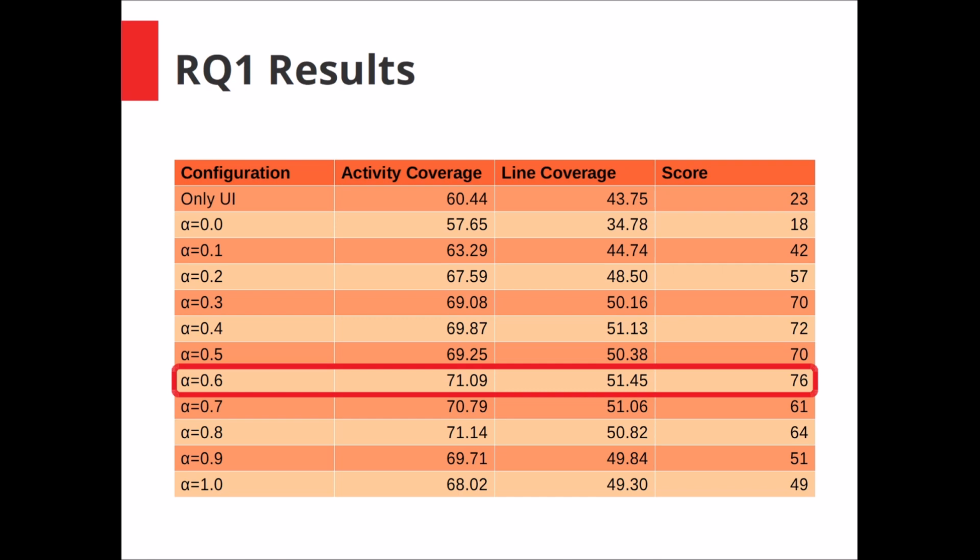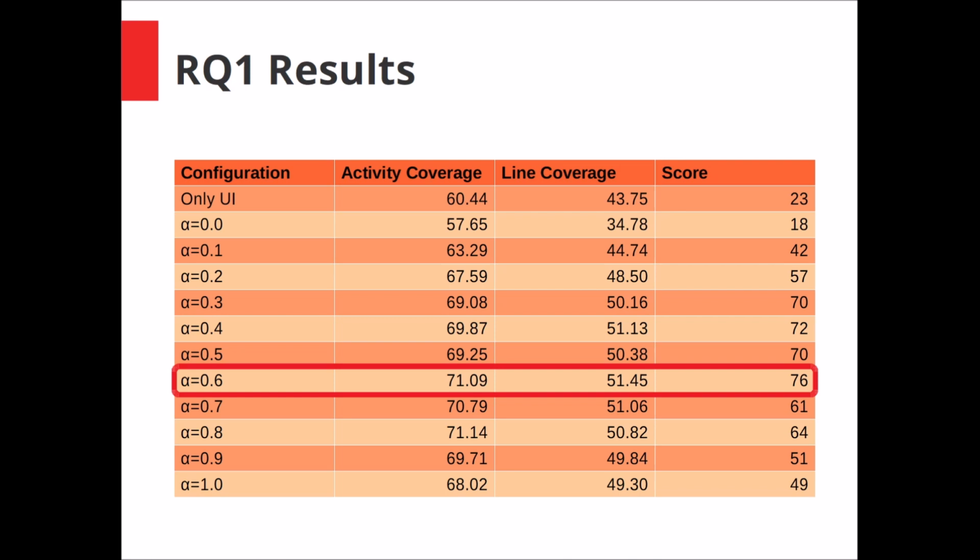The score was increased by 1 if there was a statistical significance, that is a p-value lower than 0.05 was reported in terms of activity or line coverage between any two configurations and a specific app, and the Vargha-Delaney effect size reported a value greater than 0.5.